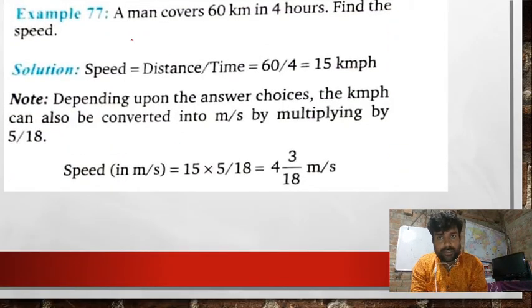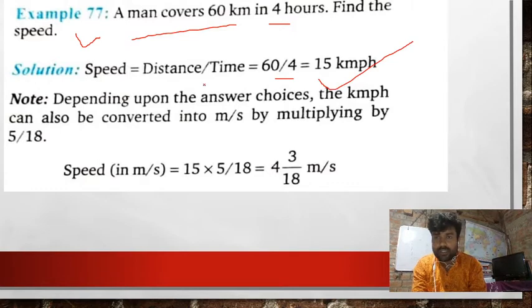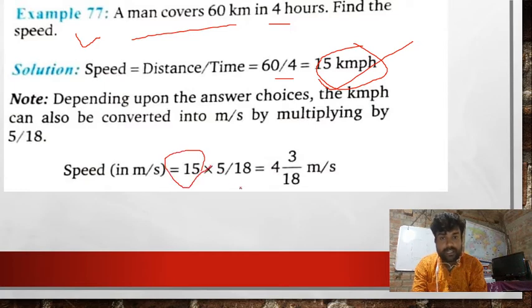A man covers 60 kilometers in 4 hours. Find the speed. We already do the same thing: speed equals distance by time, so 60 by 4 equals 15 kilometers per hour. If we need to find the speed in meters per second, we multiply 15 by 5 by 18.